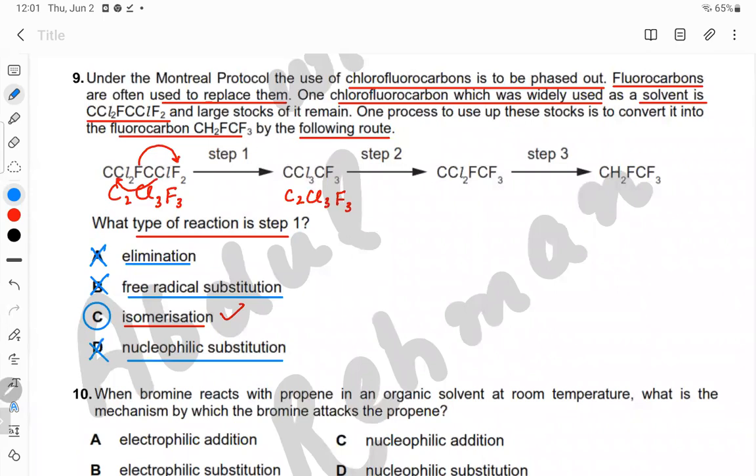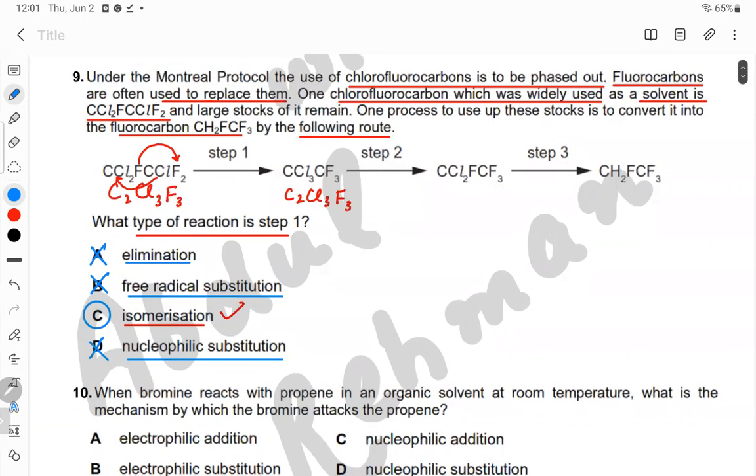Yes, I will try my best, Salima. Let's see. If you look at step 2, first the formula of the product of step 2, again I have C2, but now I have Cl2 and F4, right?